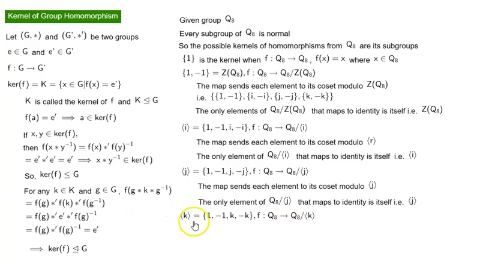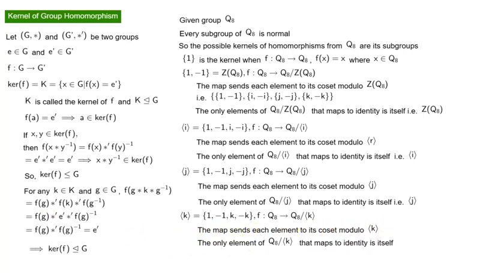The subgroup generated by k is equal to {1, -1, k, -k}. And the homomorphism f maps Q8 to the quotient group Q8 by k. And the map sends each element to its coset modulo k. And the only element of Q8 by the subgroup generated by k that maps to the identity is itself.